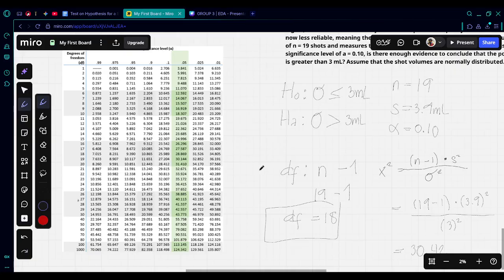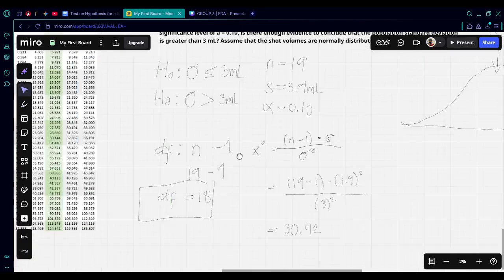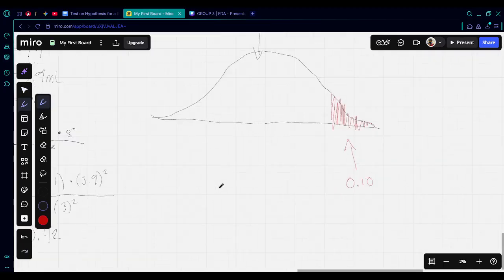Since we have 0.10, this is the area of 0.10, then we locate it using the degree of freedom. We have here 18 and 0.1, so we have 25.989. This is our critical value, 25.989.